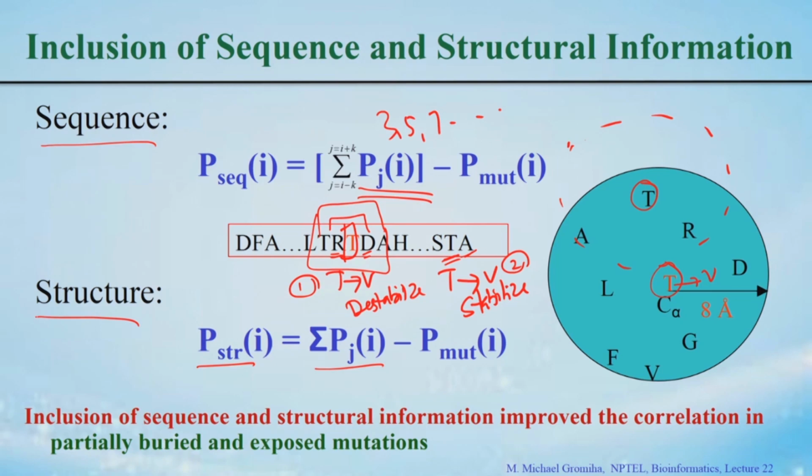How to include the structural information? Change in property. You can see the central residue. From the central residue you can make a sphere, account for the residues which are occurring within the limit, and take the average property values. This space you can change from 4 angstrom to 14 angstrom with different intervals, say 1 angstrom or 0.5 angstrom, and you can optimize this space to account for the stability of these particular mutations.